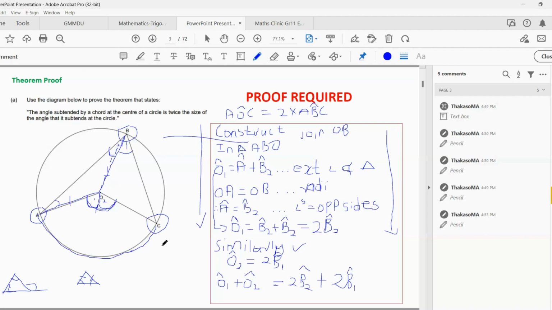Finishing it off, angle O1 plus angle O2 make up angle AOC.